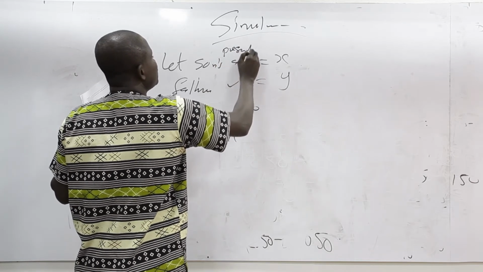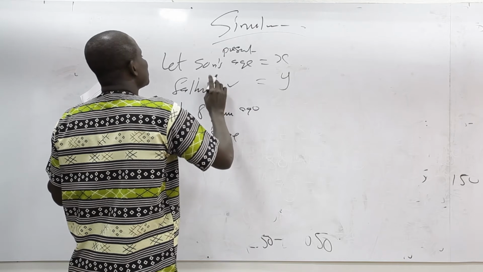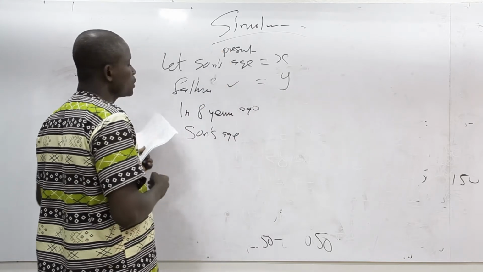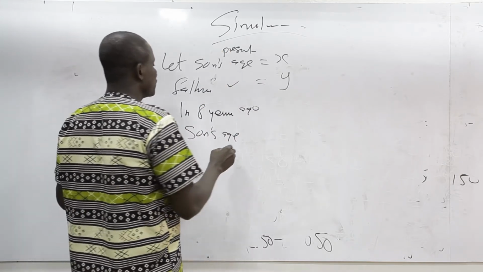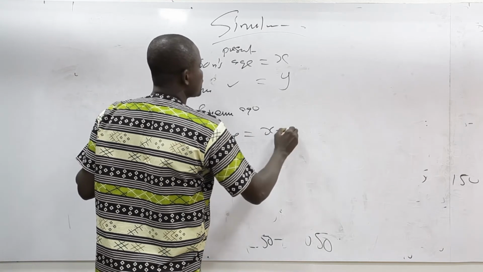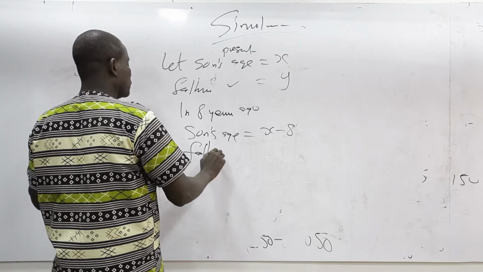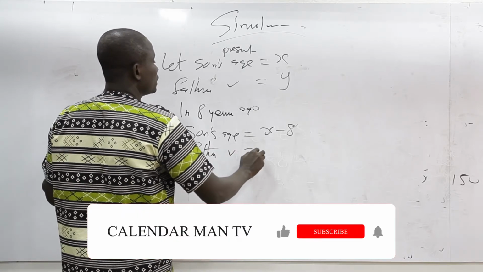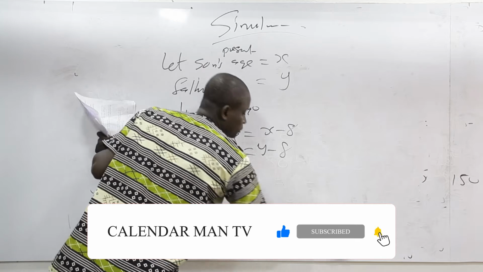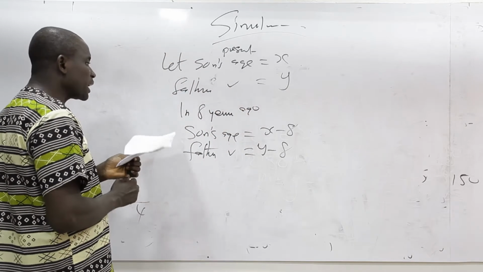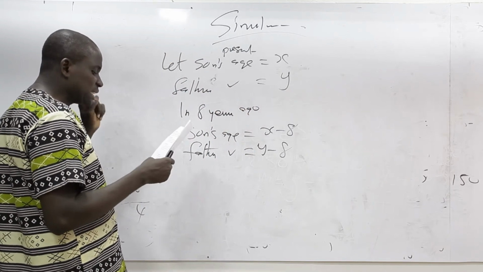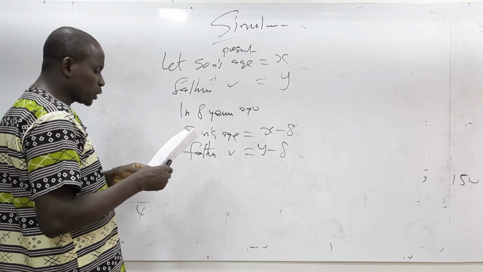This is their present ages. Present age of the father and present age of the son. So 8 years ago, son was x minus 8, like this. And then the father's age is y minus 8.